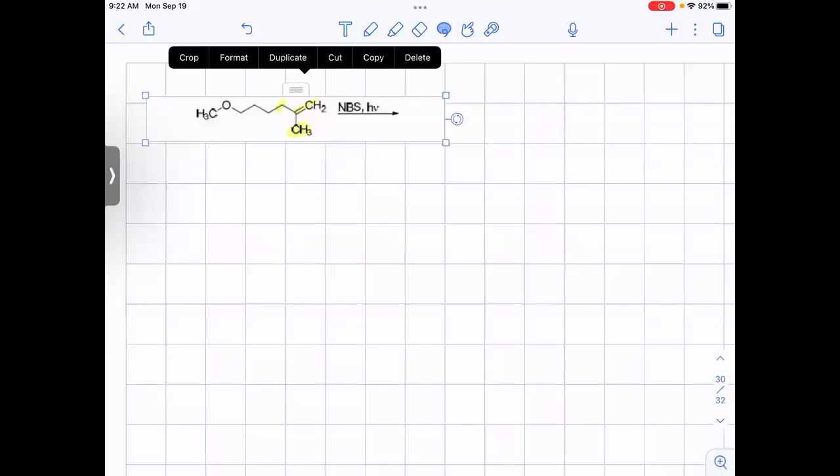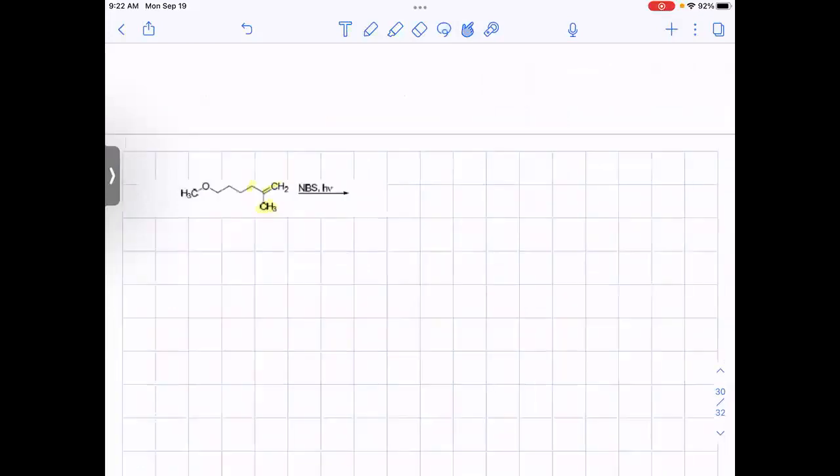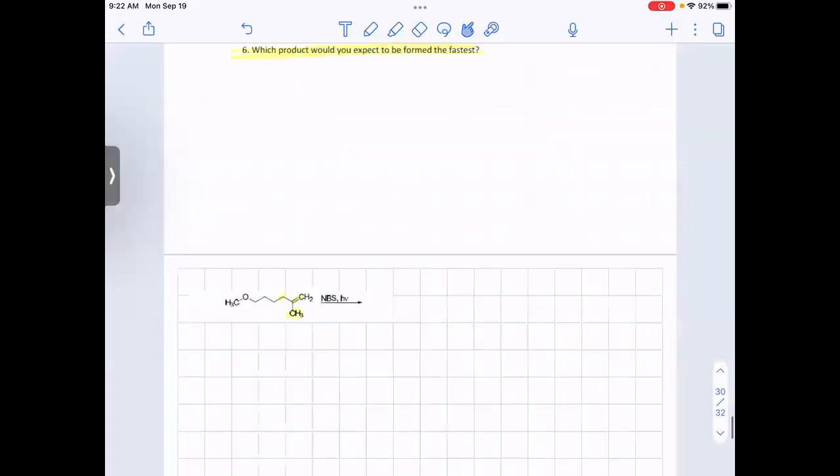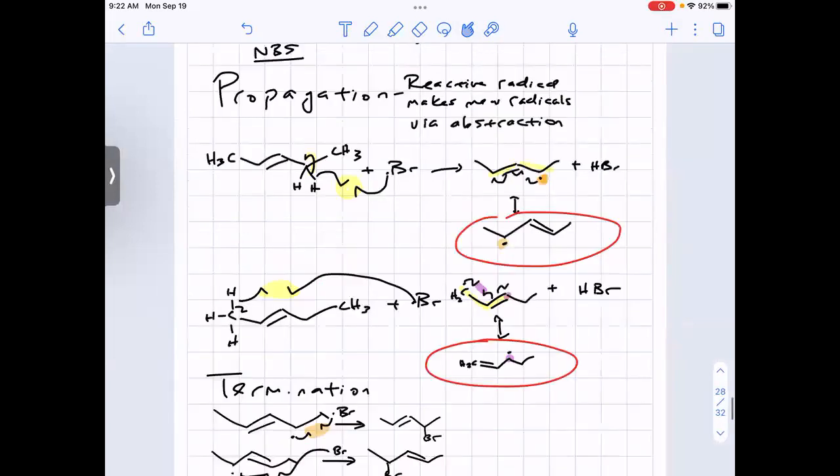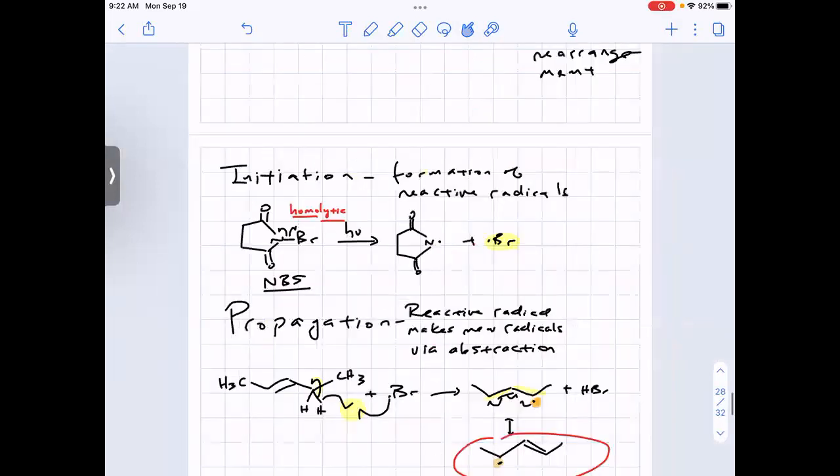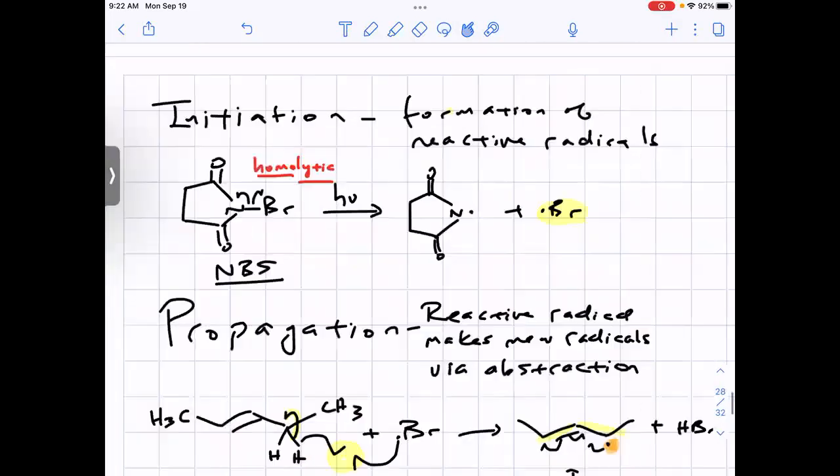Let's go back up to what we did on Friday. This is N-bromosuccinimide. The purpose of NBS is to generate a bromine radical. That's why you have it. That's your source of bromine in the reaction.